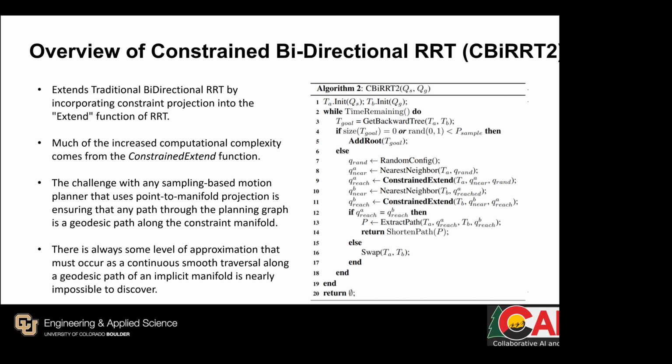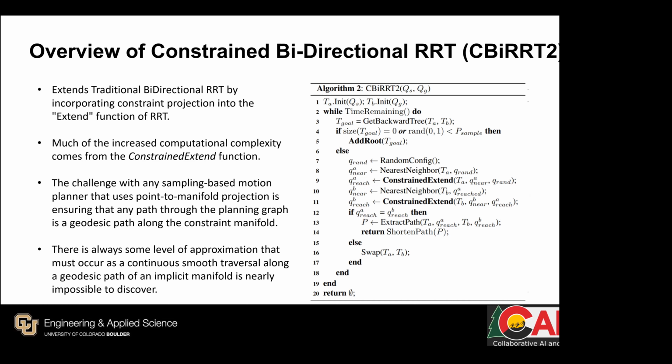Given one of your trees, you generate a random configuration and extend that tree towards that random configuration using this constrained extend function. Ideally this produces an extension point along your constraint manifold that you can then try to extend the nearest point on your other tree towards.